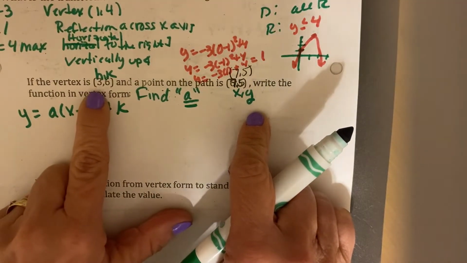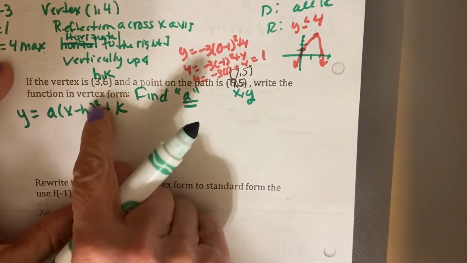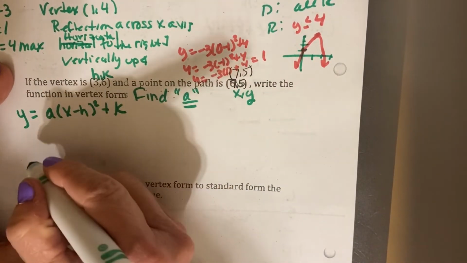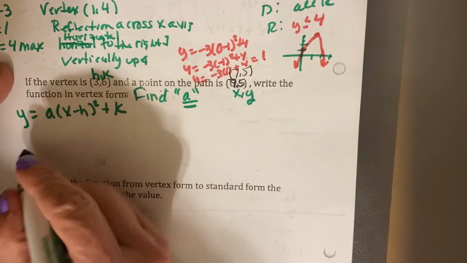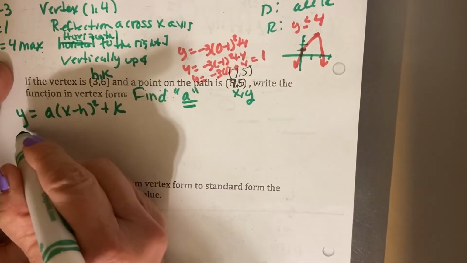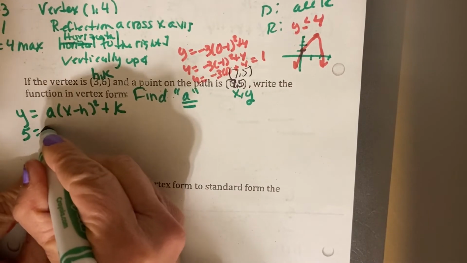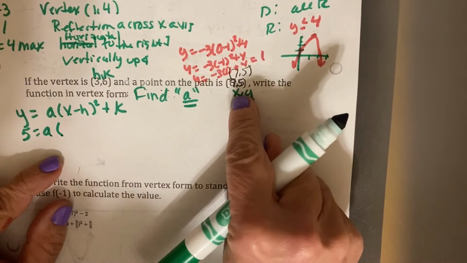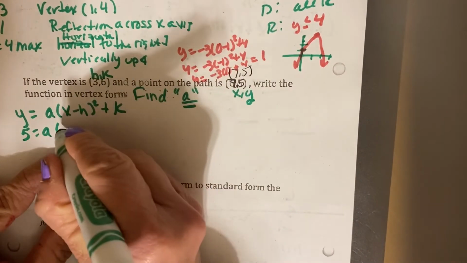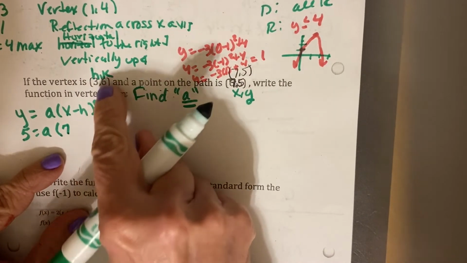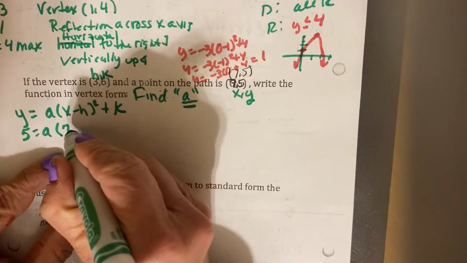So we can go in and we can plug in. We know that over here our y is 5 because this is the 5 value right here. I'm looking for the a value. My x comes from right here, which is 7. My h is going to be the 3 value.